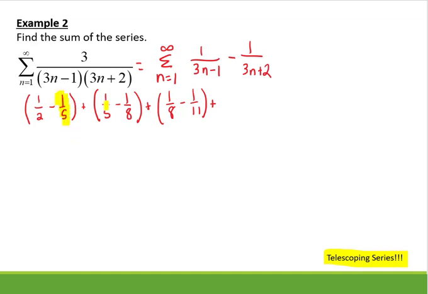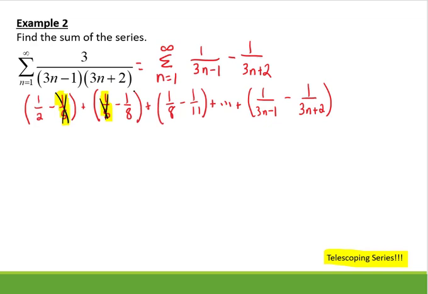So as I move through my infinite series, I have 1 over 3n minus 1 minus 1 over 3n plus 2. So remember, I'll X these out. Those cancel. Those cancel. Those cancel.